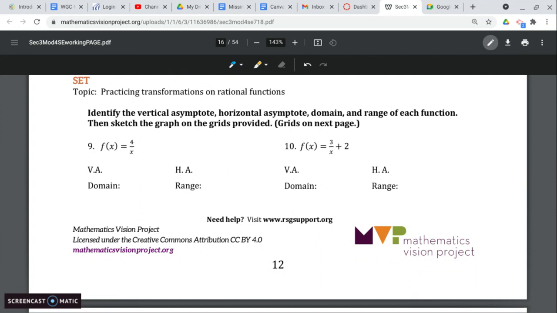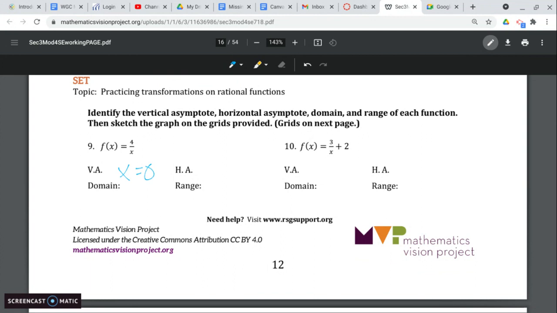All right, the next section, identify the vertical asymptote, horizontal asymptote, domain and range of each function, then sketch the graph on the grids provided. The grids for these are on the next page. So for number 9, our vertical asymptote, so that'd be where it can't cross vertically, is going to be 0. There's no shift to this, so it's just x equals 0.